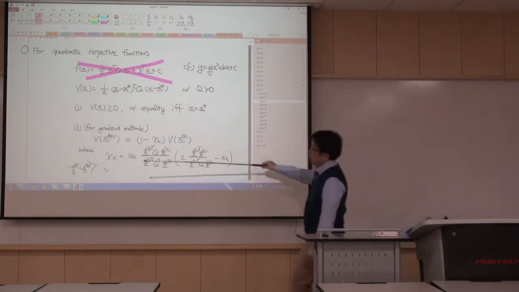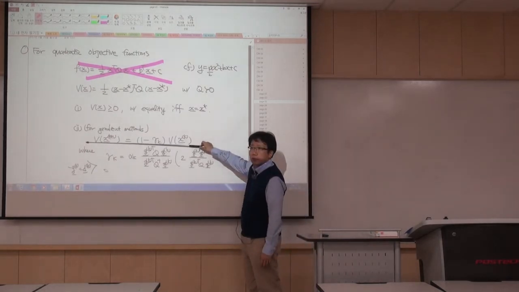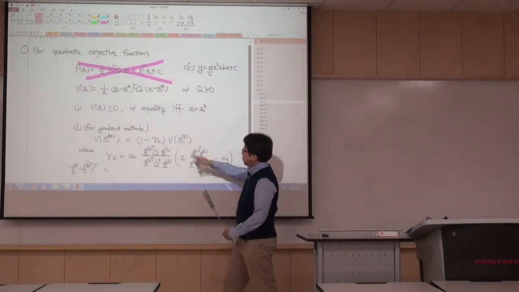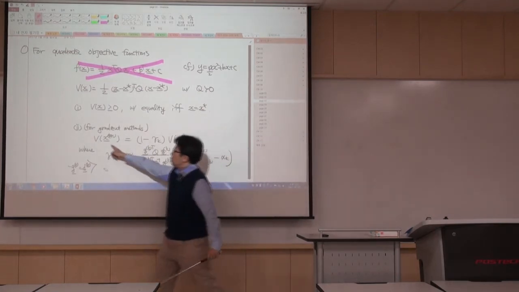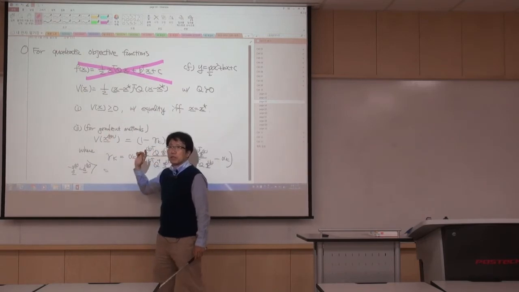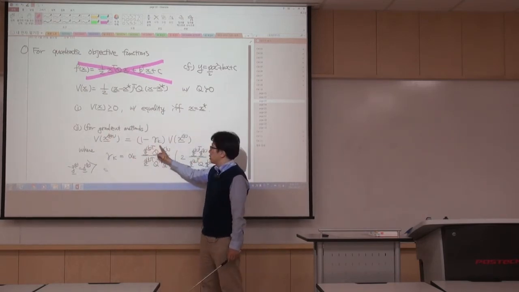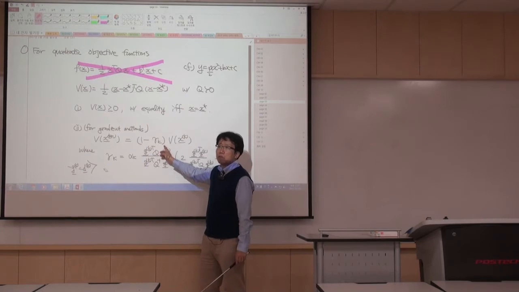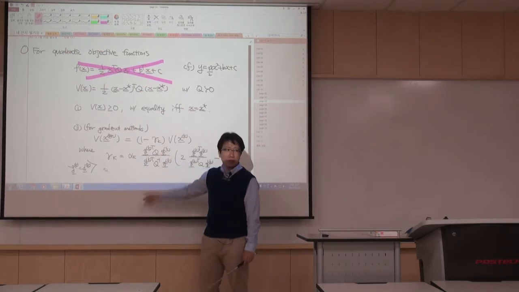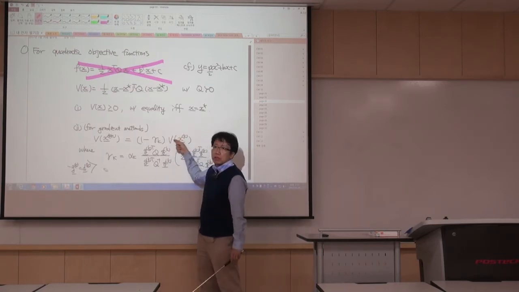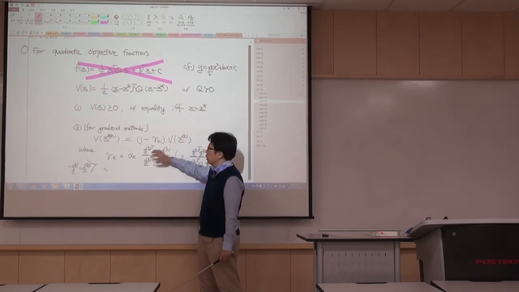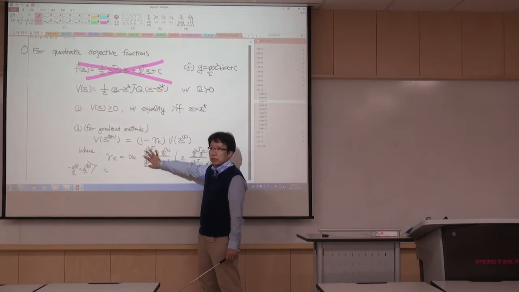Now here, this is non-negative, right? As you've seen here. And this is also non-negative. What does that mean? This factor 1 minus gamma sub k also must be non-negative for any algorithm. By the way, this rewriting can be done for any algorithm, including gradient algorithms.